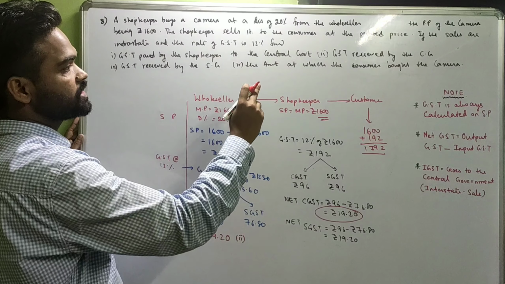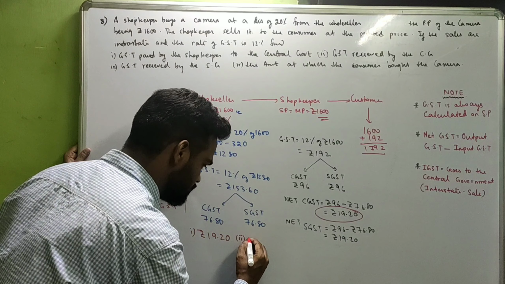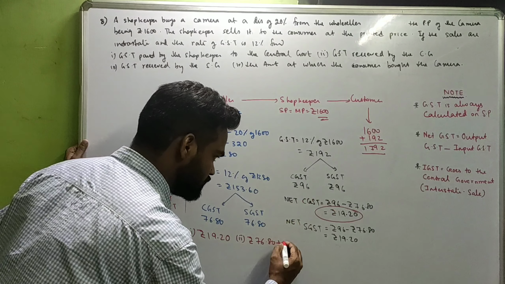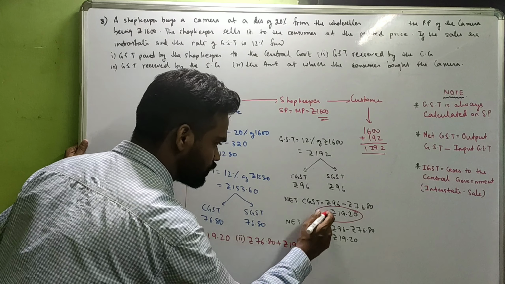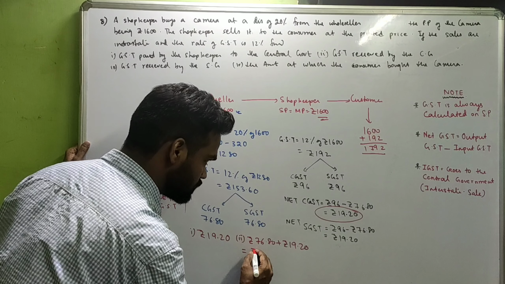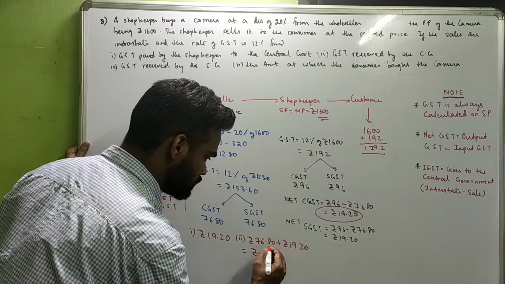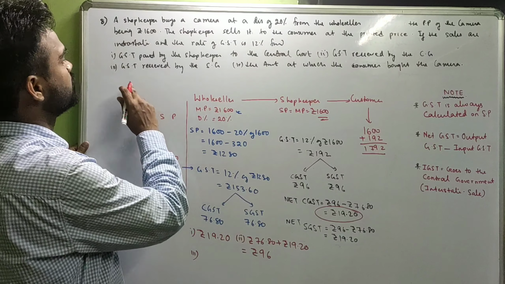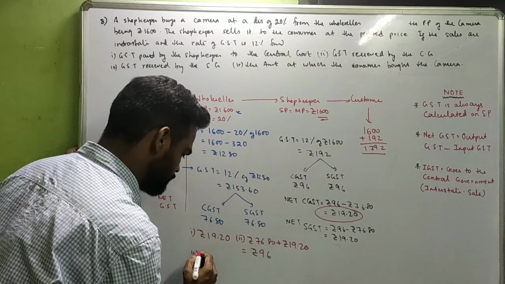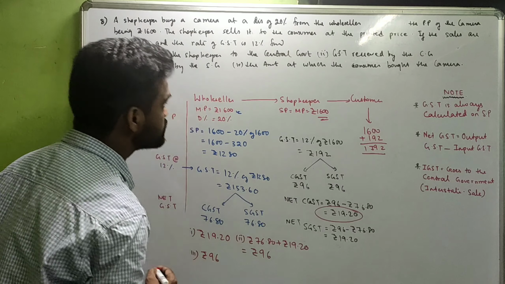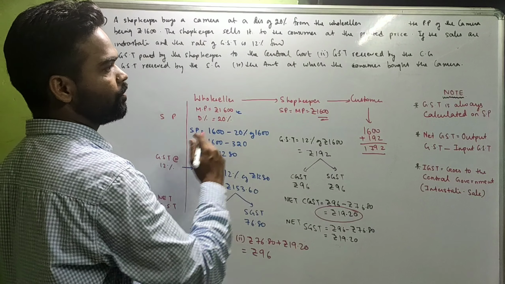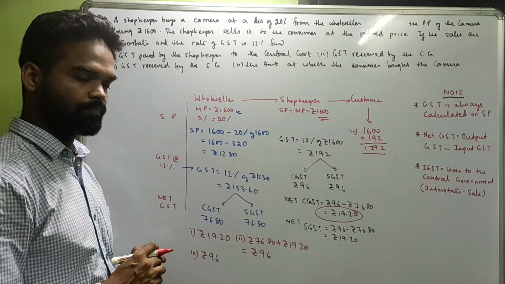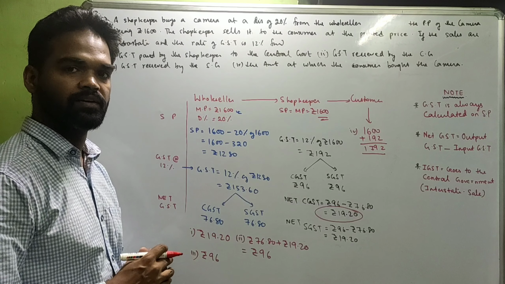Number 2, GST received by the central government, which is 76.80 plus rupees 19.20 from here. Am I clear? That's rupees how much? 96. Done. Number 3, GST received by the state government, same as this, which is rupees 96, and the amount at which the consumer bought the camera. This is number 4, which is 1792. Clear? Now let us look at the next sum.